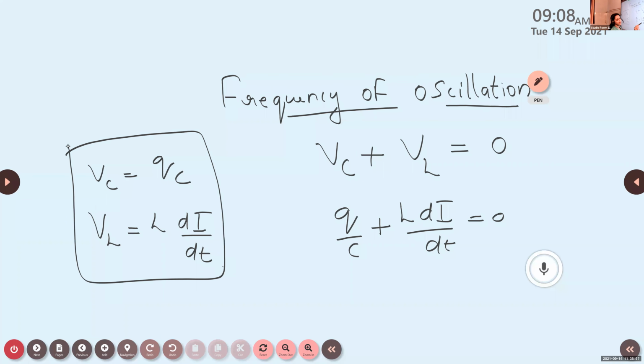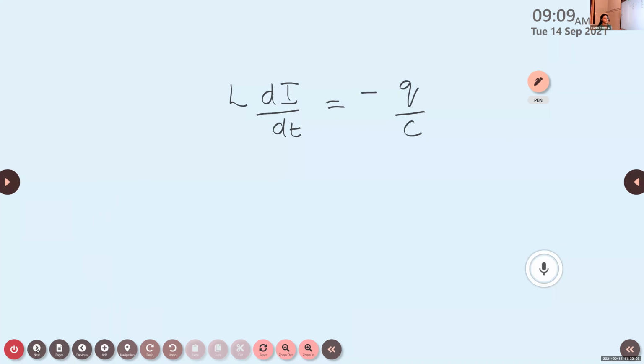Here we take this Q by C to the RHS, so it becomes L di by dt equal to minus Q by C. Or di by dt is equal to minus Q by LC. Here we take this L from LHS to RHS, so it becomes a division in the denominator.